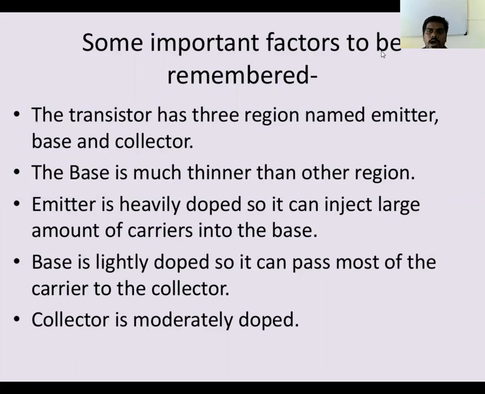Base is lightly doped, so it can pass most of the carriers to the collector, and as it is a thinner region, it should be lightly doped so that it will easily allow the flow of electrons or holes to the collector. The collector is moderately doped, means not very heavily doped and not very lightly doped.